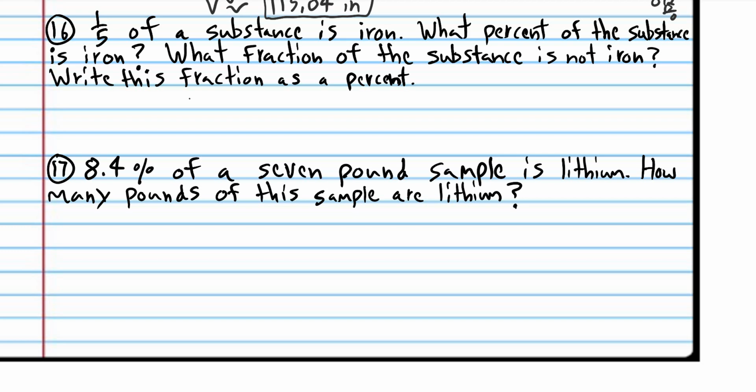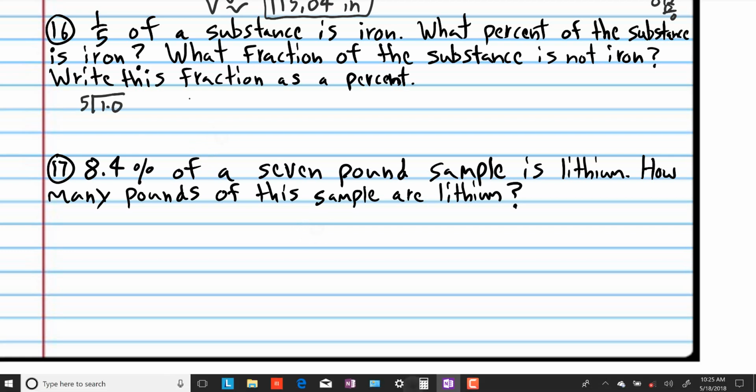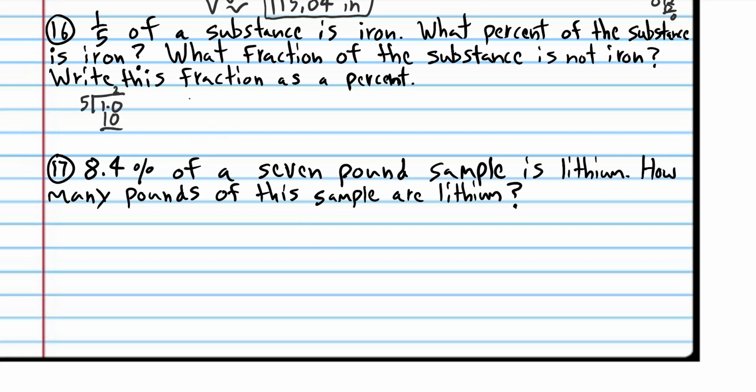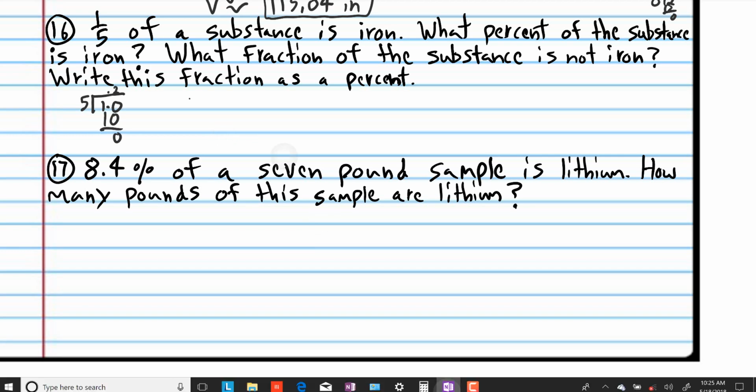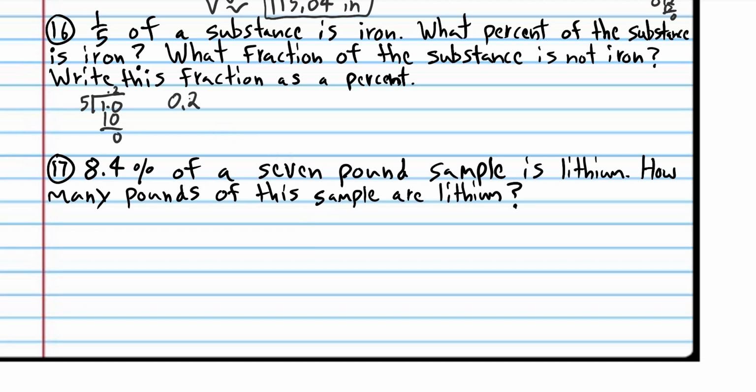The method that always works to change a fraction to a decimal is to take the numerator and divide by the denominator. So 5 goes into 1.0 2 times, remainder is 0. Bring the decimal straight up, and you've got 0.2. So we changed it to a decimal. Then move the decimal 2 places to the right, and we have 20%.